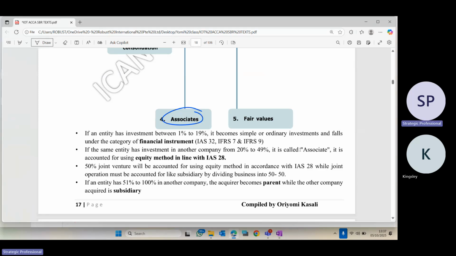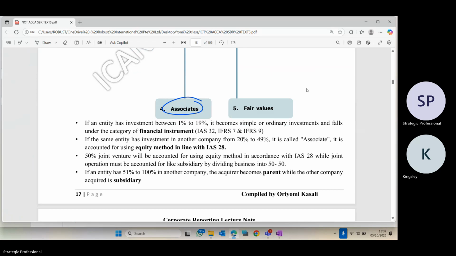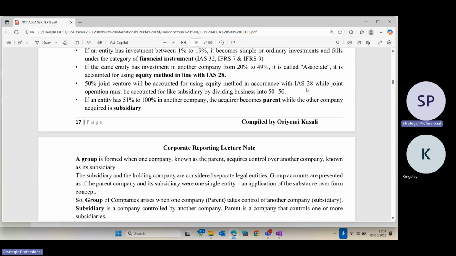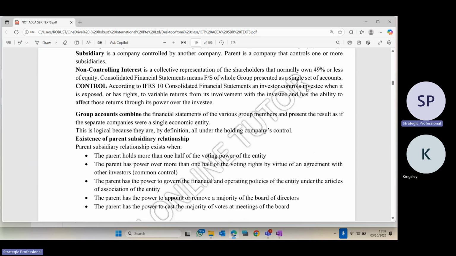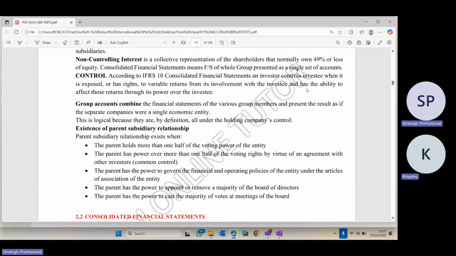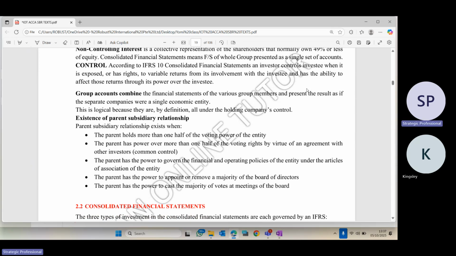The control actually exists where there's a power to direct. A parent-subsidiary relationship actually exists when the parent holds more than one half of the voting rights of what? An entity. Where a company is holding more than one half of the voting rights of another entity, then we say that control actually exists.